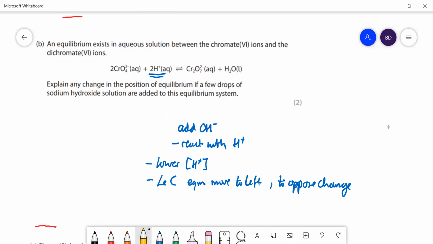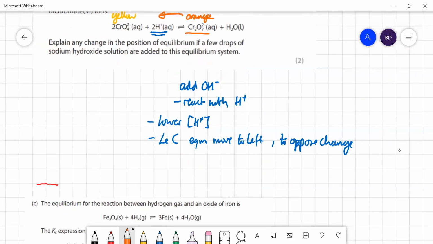So this one is yellow, and this one is orange. So if you have an orange solution of potassium dichromate, which you usually do, and then you add a bit of alkali to it, what happens is you make this equilibrium go backwards. The solution will change color from being orange to yellow. And then if you add some acid to it, you can make it go back orange again, because if you add acid, it's going to go the other way. Again, it doesn't ask you that, I'm just saying it. Okay.